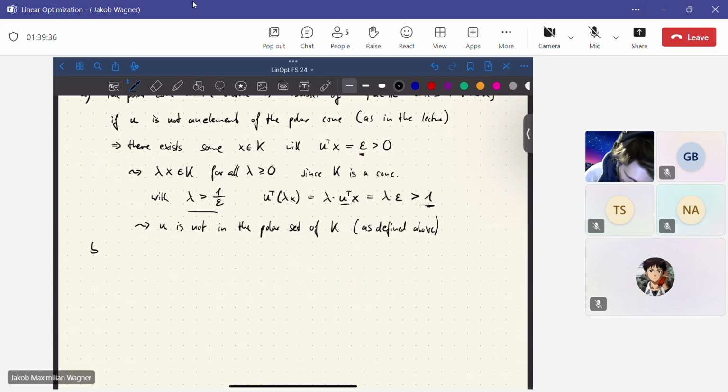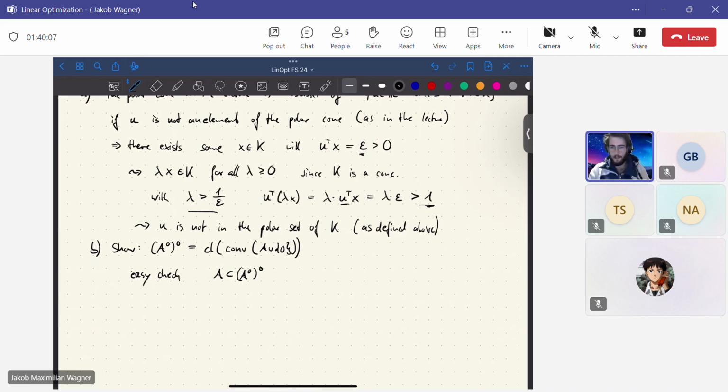So first, let's show that a double polar is the closure of the convex hull of A, including the 0 vector. Okay, so we can easily check that A is a subset of this double polar.